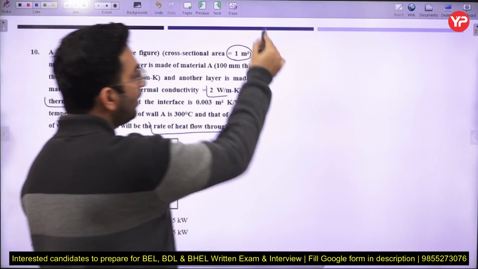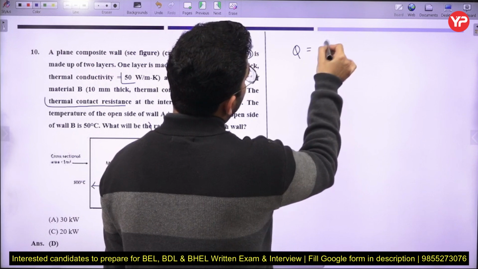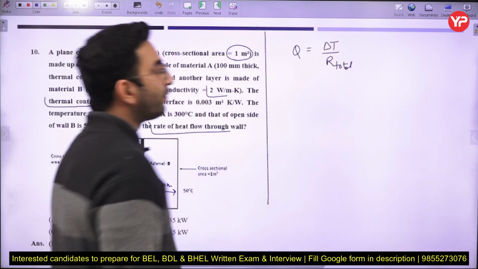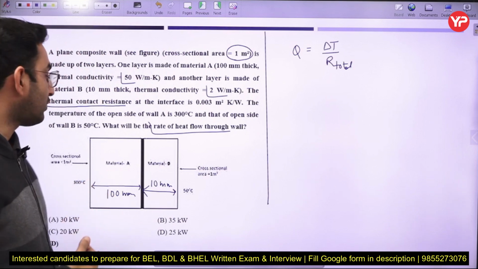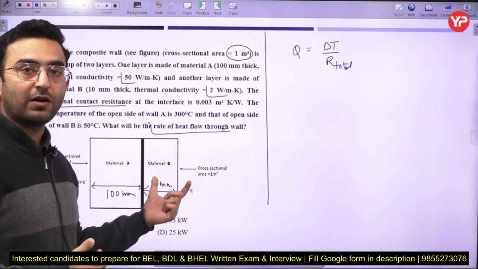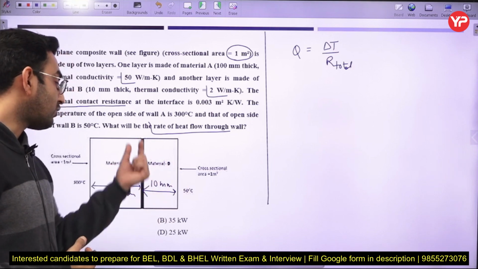So here you can see the total amount of heat transfer can simply be written as delta T upon R total. Okay, so if you create the thermal circuit, you will find there will be a resistance of material A, there will be a resistance of material B, along with that we have a resistance of this contact.